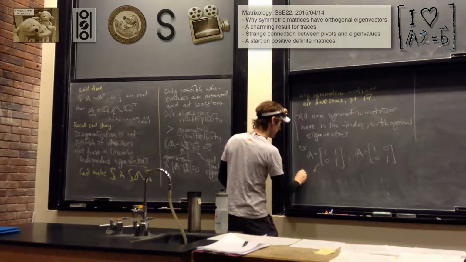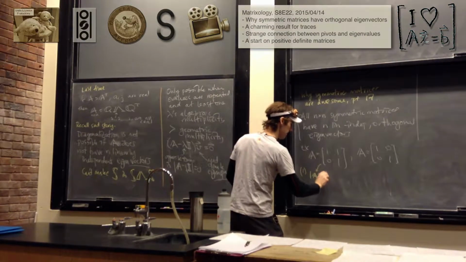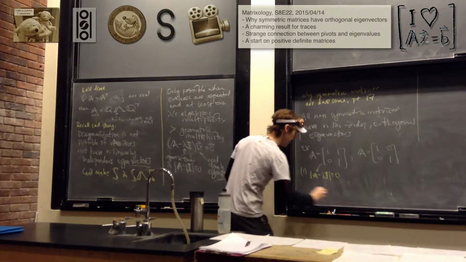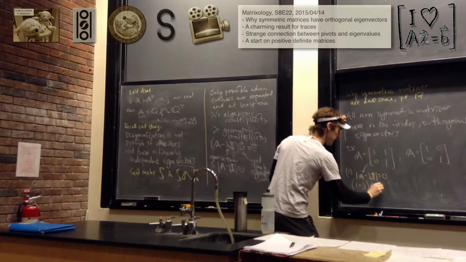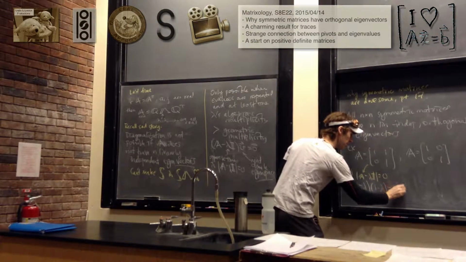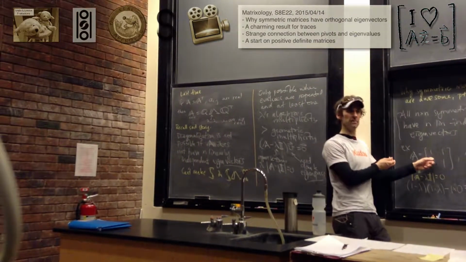Step 1 is solve the determinant of A minus lambda I equals 0. So it's 1 minus lambda times 1 minus lambda, and then the other part is minus 1 times 0 equals 0. Often this part gets dropped off. It doesn't matter here because we've got zeros.